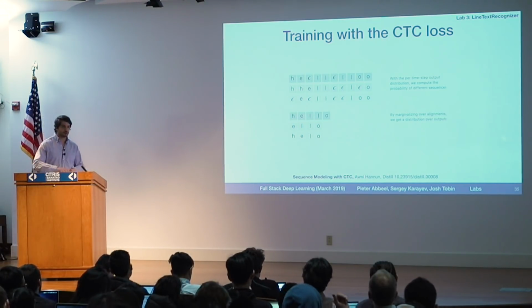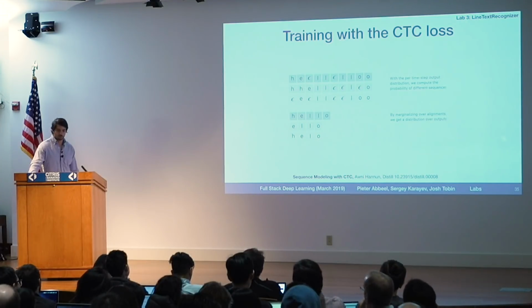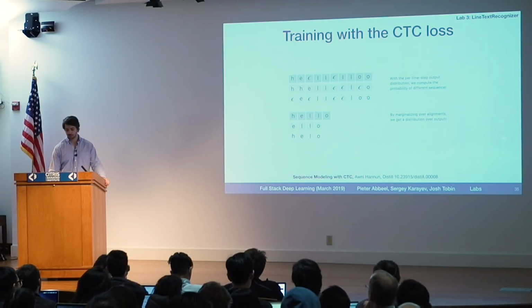So if your target sentence is hello, then you need to use the per-character probabilities in order to compute the probability of the entire sentence. And so you basically have to traverse many paths, because there are many different ways that this method could create the sentence hello. If you do it naively, this is very computationally expensive.